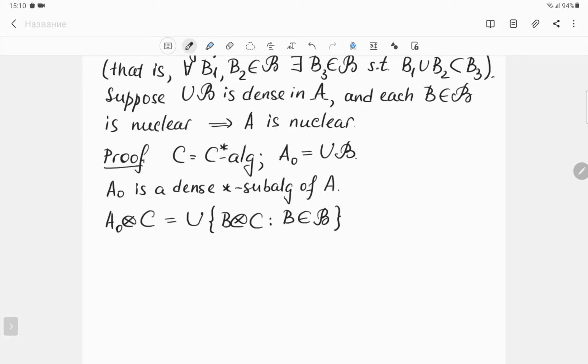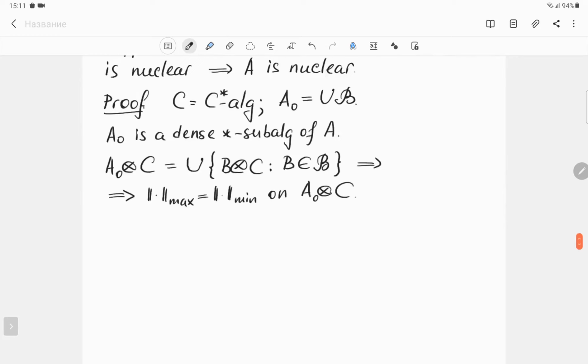And now, since each of the algebras B in our family is nuclear, and because of this equality, it follows that the maximal and the minimal C-star norms are equal on A0 tensor C. And now, to complete the proof, we observe that this algebraic tensor product, A0 tensor C, is dense in the algebraic tensor product of A and C with respect to the maximal tensor norm.